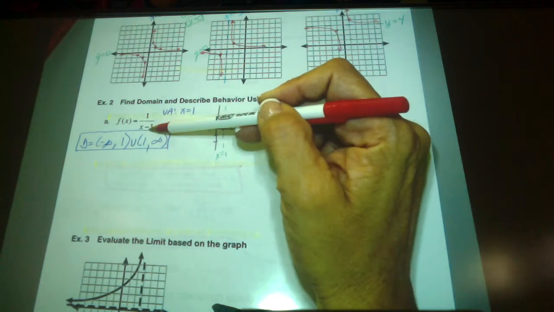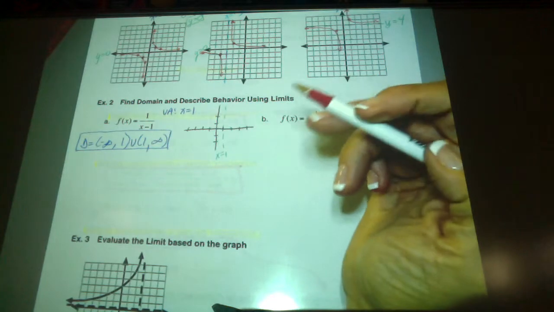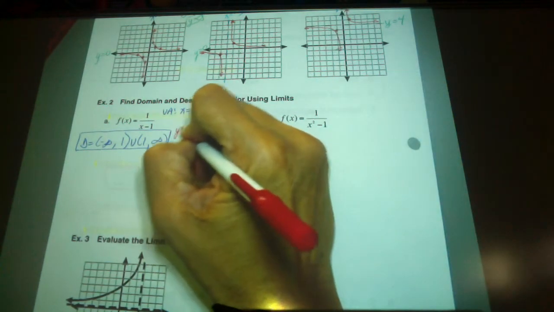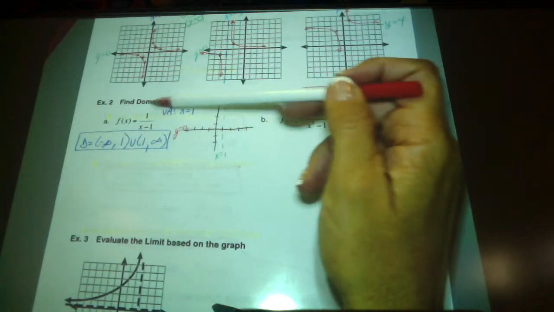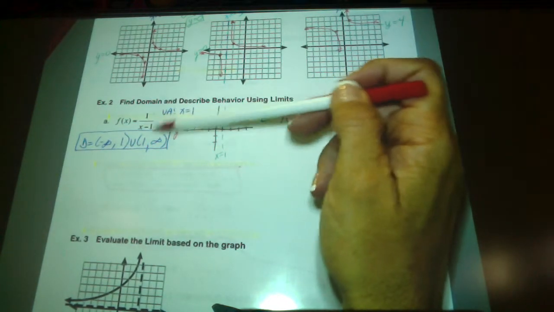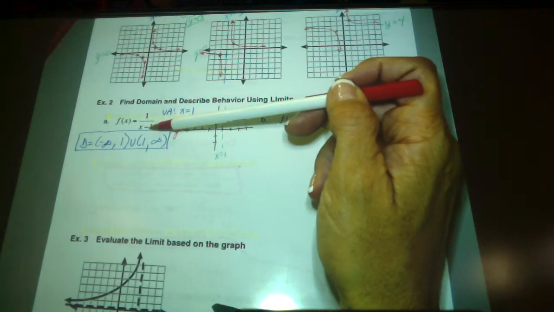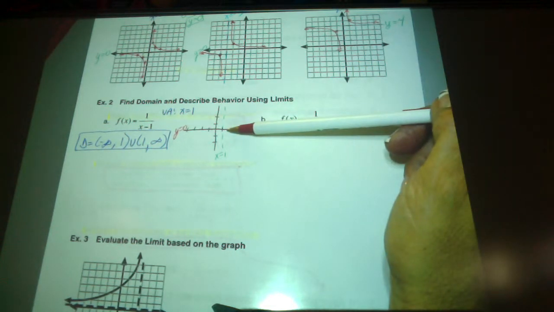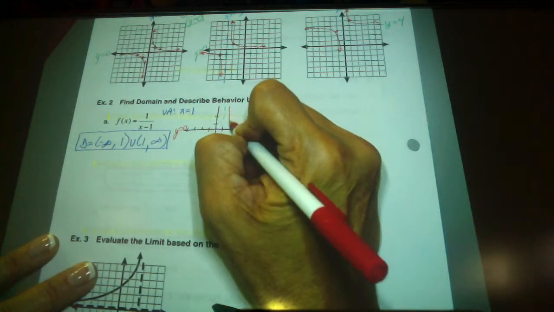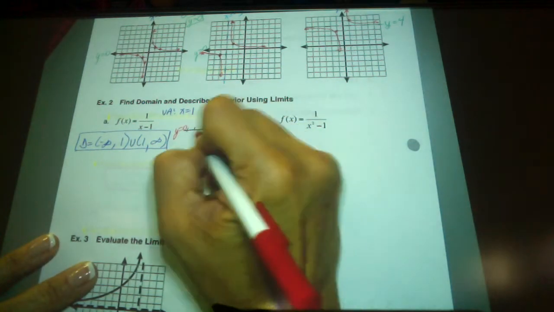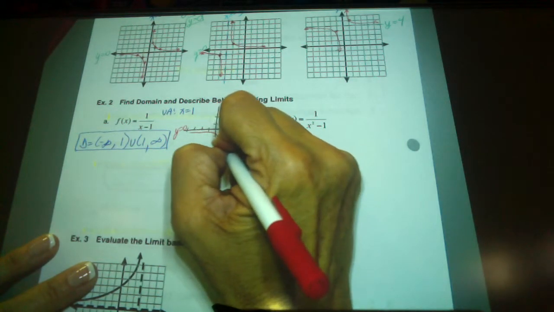The degree of my denominator? 1. 0 is less than 1. What does that mean my horizontal asymptote is? y equals 0. If you think about it, this is the function we were just looking at. This -1 is affecting the x, and it's the opposite sign, so we should be shifting right 1. Isn't that what happened with my vertical asymptote? It should be right 1. And I'm going to have a swoop that goes in this direction, and a swoop that goes in this direction.